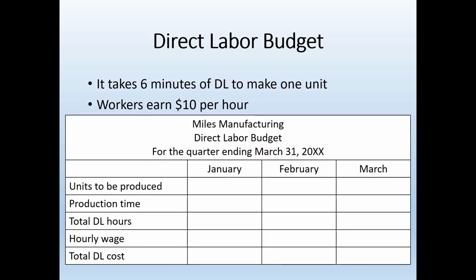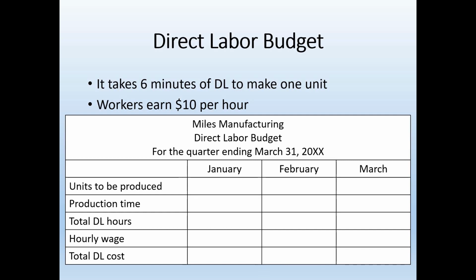A direct labor budget is always a little bit easier to prepare than a production budget or a direct materials budget, because labor can't be saved from one period to the next. It is used up in the same moment when it is created.